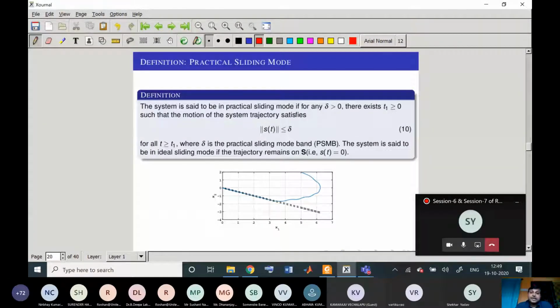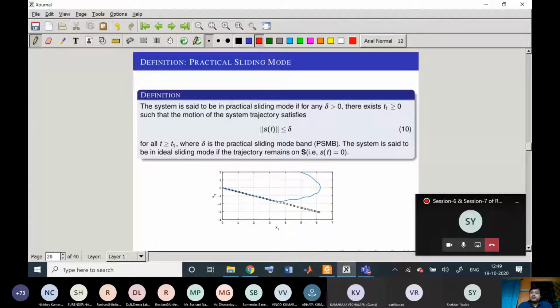The system is said to be in practical sliding mode if for any delta greater than 0 there exists T1 greater than 0, such that the motion of the system trajectory satisfies norm of S(t) less than or equal to delta for all t greater than T1, where delta is the practical sliding mode band.